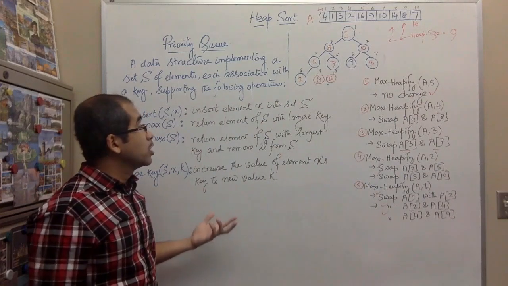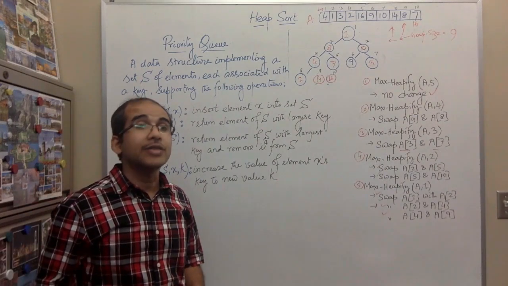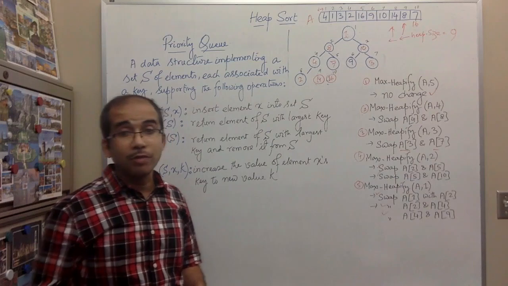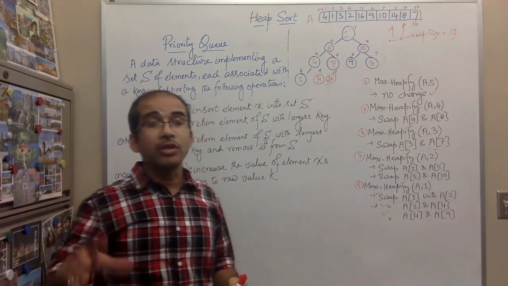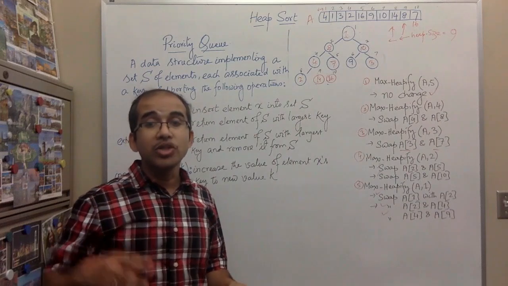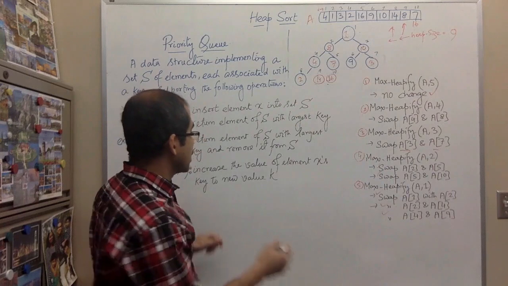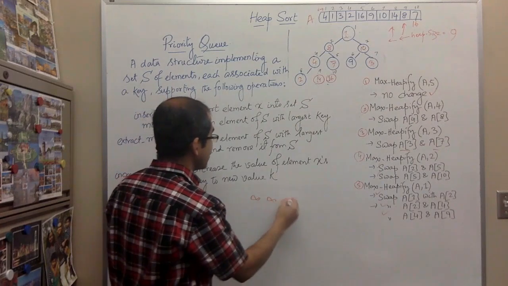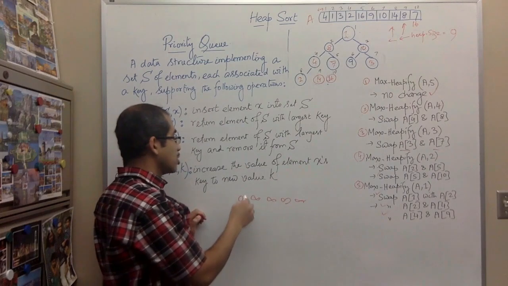So priority queue will be necessary for dealing with multiple algorithms at a later stage, like Prim's algorithm of minimum spanning tree uses priority queue, where multiple vertices have different distance estimates. Initially all those estimates are infinity. So all the elements in the array will be infinity except one element, whose distance estimate is 0.